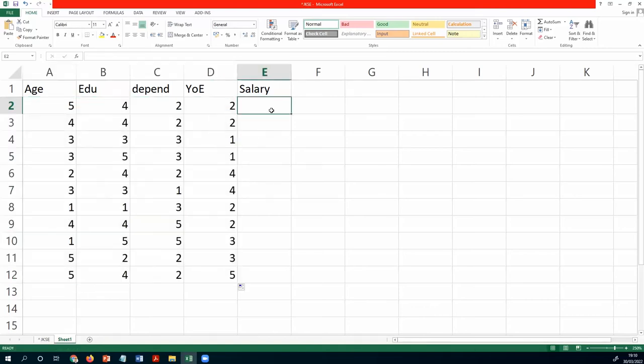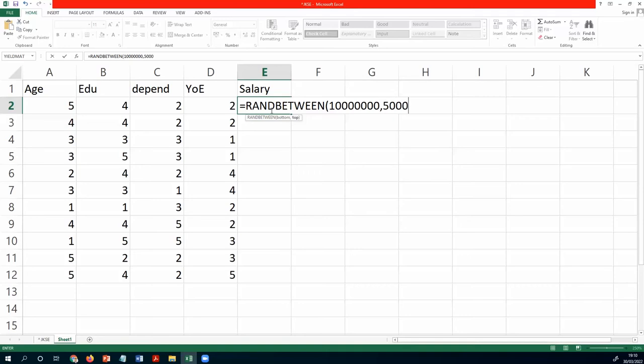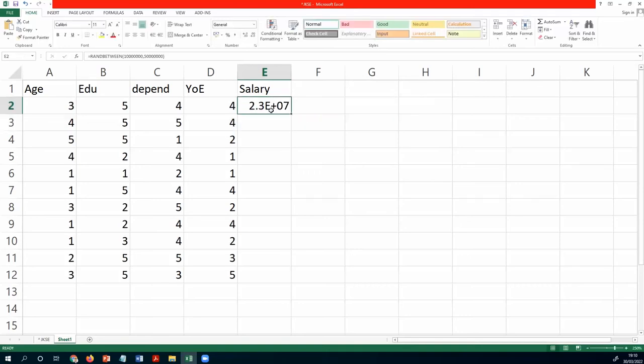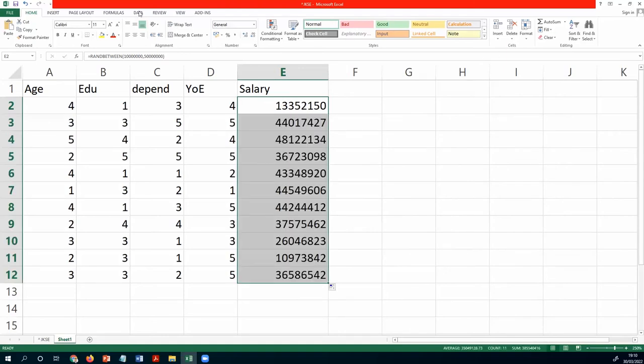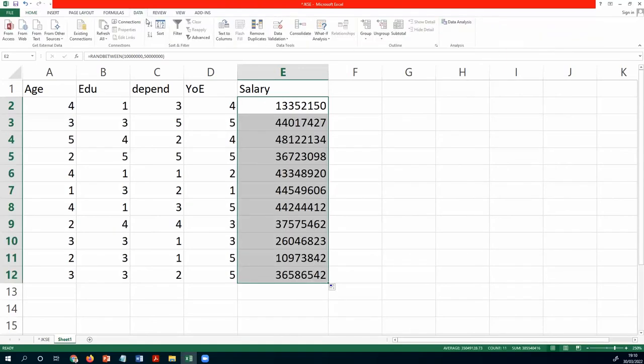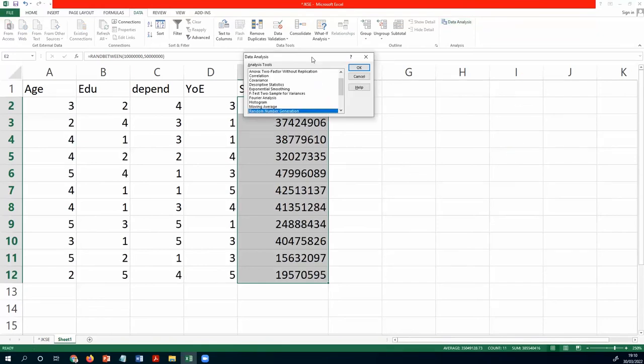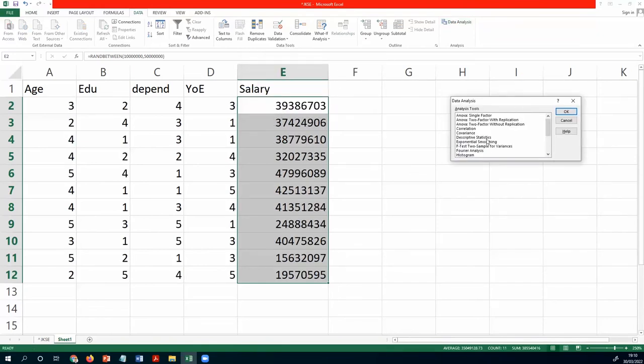And this one is the salary, ranging between, let's say, 10 million until 50 million. And this is the data. Okay, there is data analysis here, and then regression.